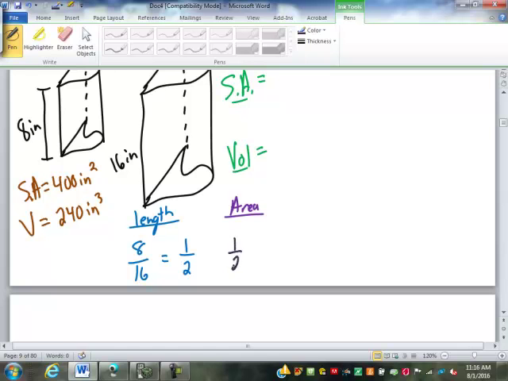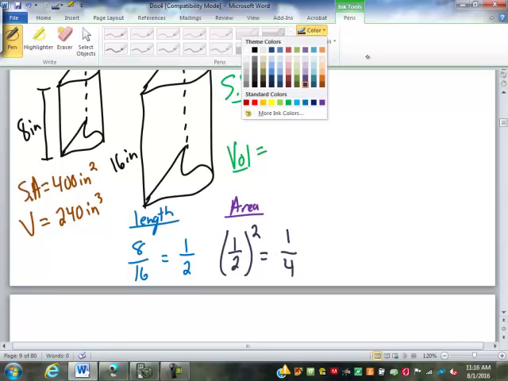We take our 1 to 2 and we square it. Very good. 1 squared is 1, and 2 squared is 4. So our ratio of areas is 1 to 4.